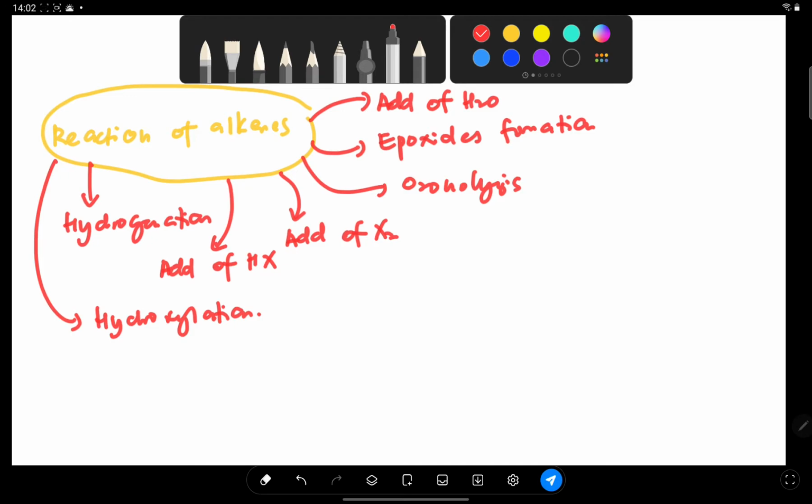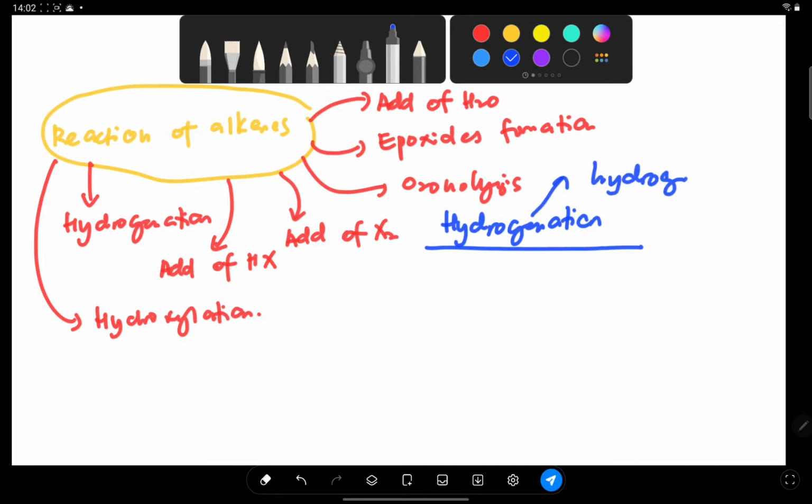So please take a look at hydrogenation first. Okay, what is hydrogenation? For the hydrogenation, it states here hydrogen, which means that it uses hydrogen in its reaction.